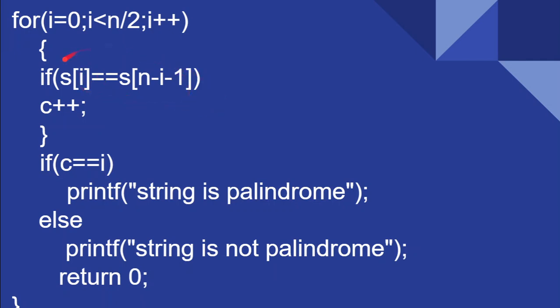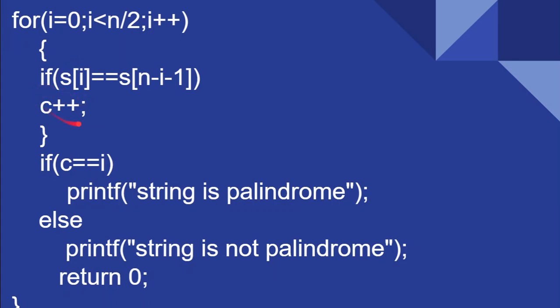So this if continuously checks the elements from the front as well as from the rear, that is, from the beginning and also from the end. It is checking for equivalence of the characters at the first and last of the given string. And once it is done, the counter c is incremented as c is equal to c plus 1.